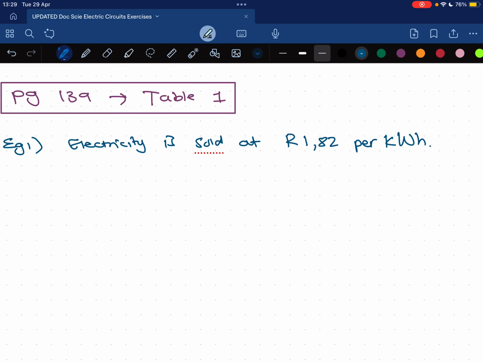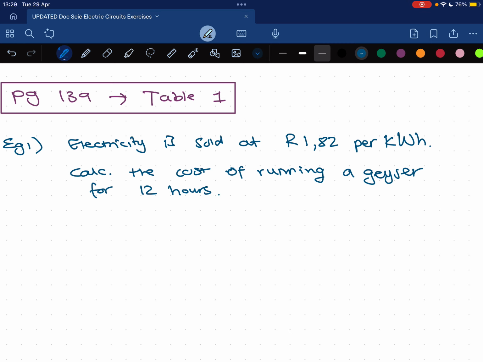Okay, then we'll say let's calculate the cost of running a geyser for 12 hours.